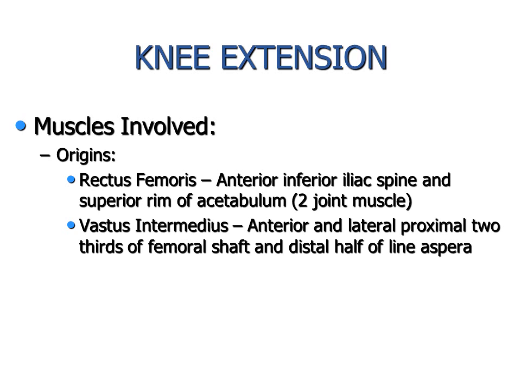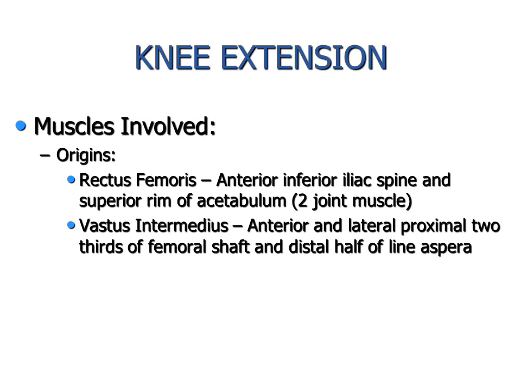The vastus intermedius muscle has its origin on the anterior and lateral proximal 2/3 of the femoral shaft and the distal half of the linea aspera. And the linea aspera, like the gluteal ridge, is an elevation on the posterior aspect of the femur bone to which this vastus intermedius muscle attaches posteriorly. It's around the posterior aspect of the femur.